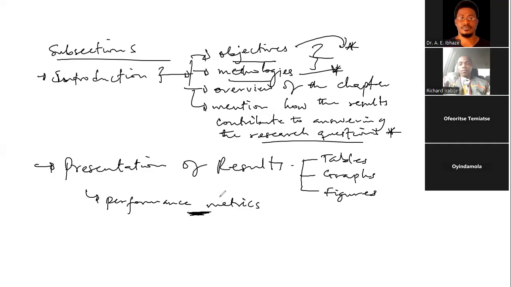So the performance metrics I may be considering when I'm conducting my research in radio wave propagation may be different from the metrics I'll be considering if, for instance, I'm considering the development of some microelectronic devices.